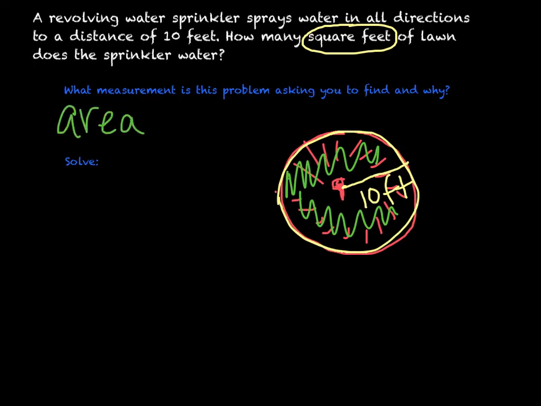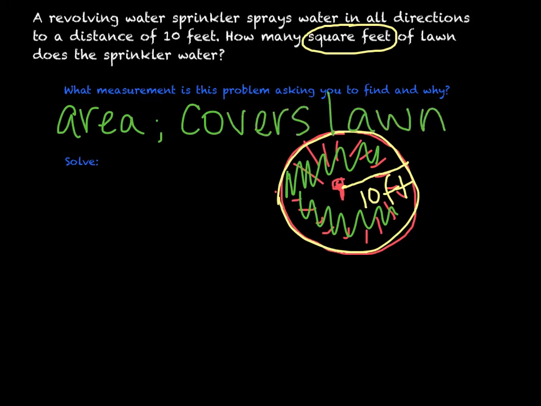And the reason that we're asked to find the area is that it covers a section of lawn. It doesn't go around a circular piece, it covers the lawn. That's why we're trying to find the area.